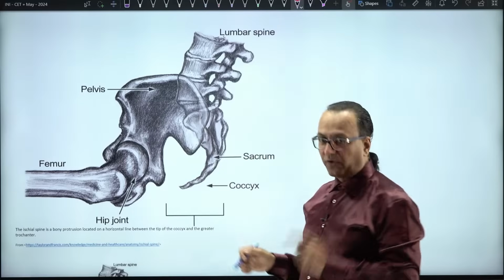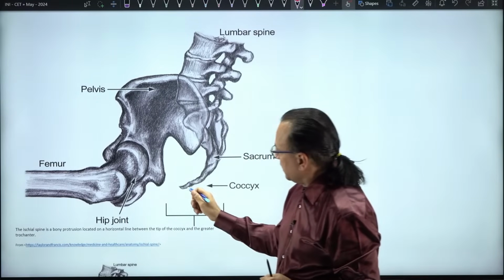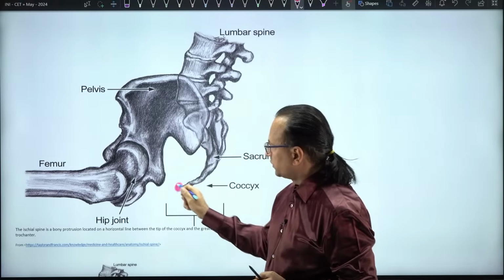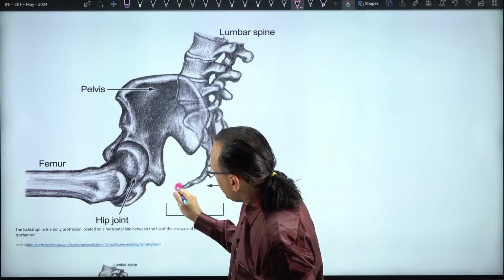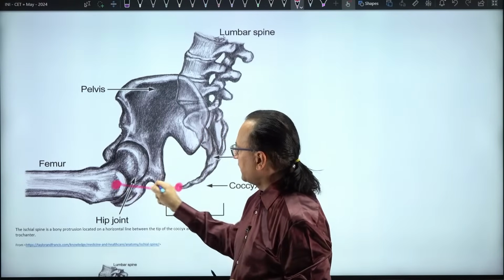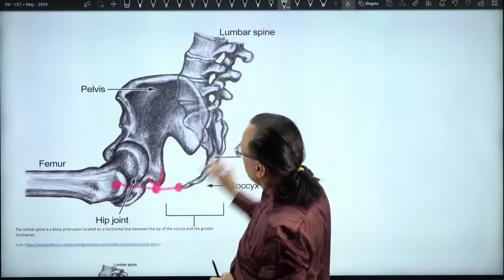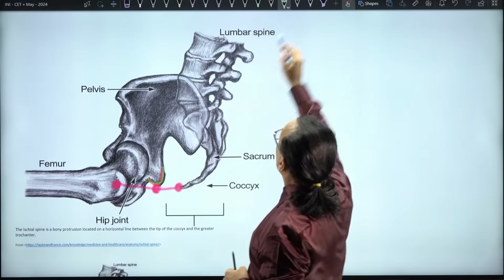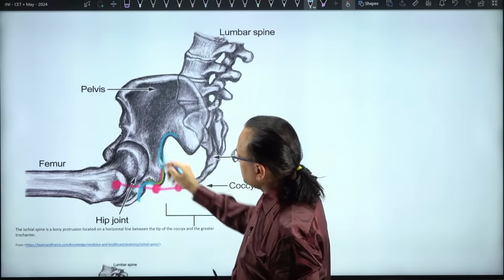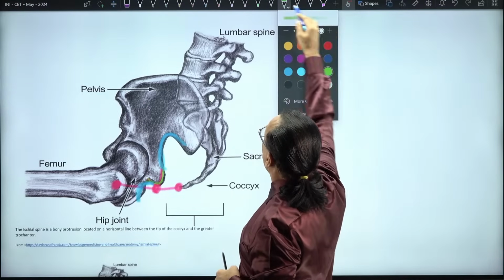If you follow Nikita madam, she is telling, which is correct, from the tip of the coccyx going to the greater trochanter, that is where you have the ischial spine. Again, the ischial spine is the one which is separating the greater sciatic notch and the lesser sciatic notch.